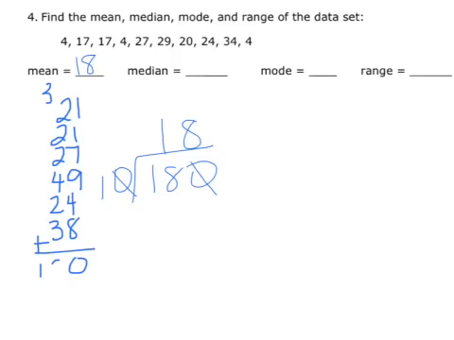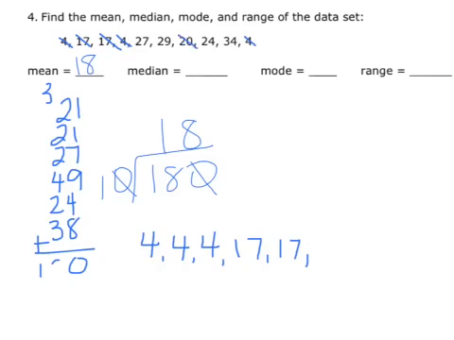All right, let's go ahead and do our median, and just like we did before, it's best to go ahead and get those numbers in order from least to greatest. So my smallest number I see here is 4, and I've got 3 of them, so 4, 4, and 4. My next smallest number would be 17, so I'm going to add that, and I've got 2 of those.